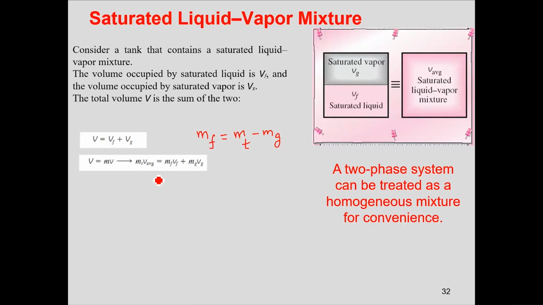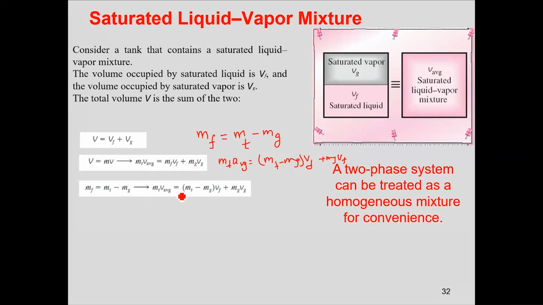So I can write this expression in this way: mt V average is essentially equal to (mt minus mg) Vf plus mg Vg. Is it clear?